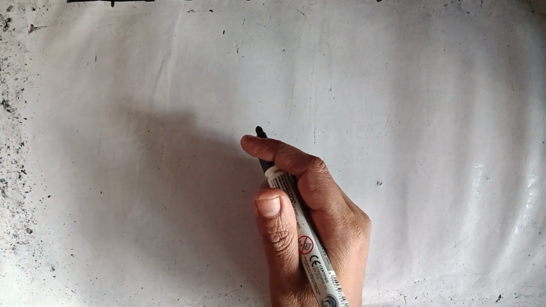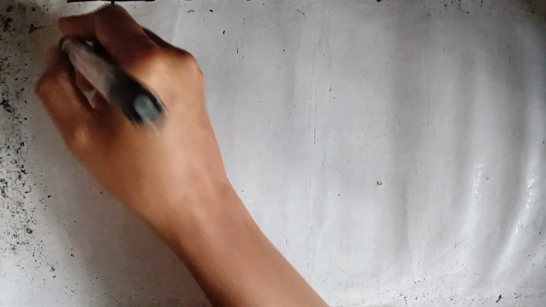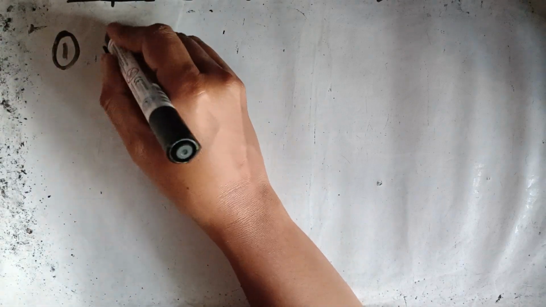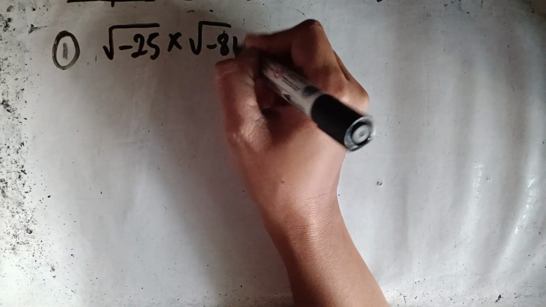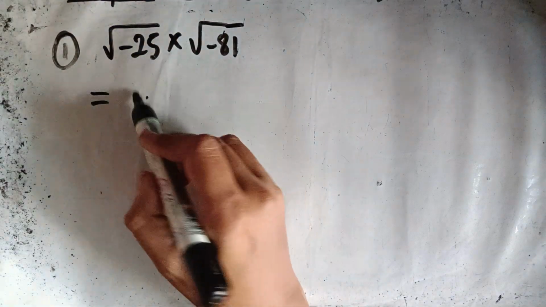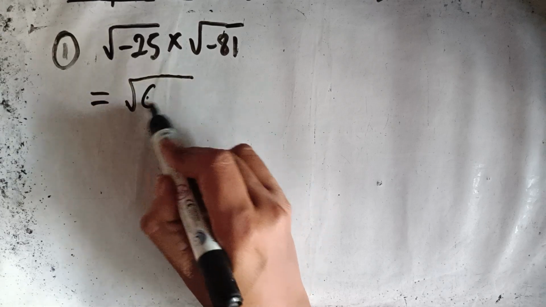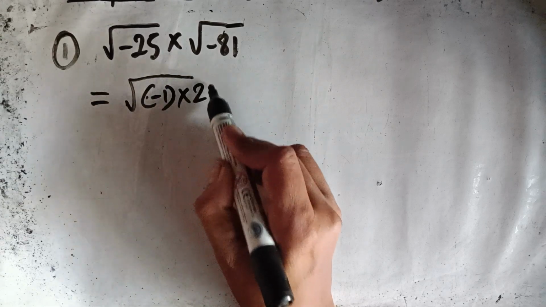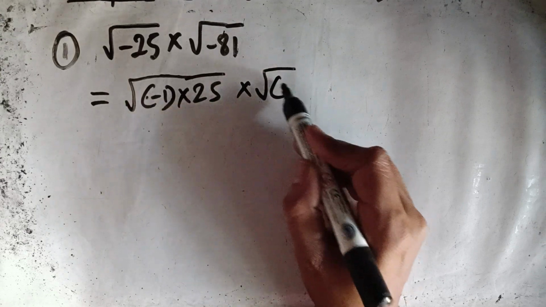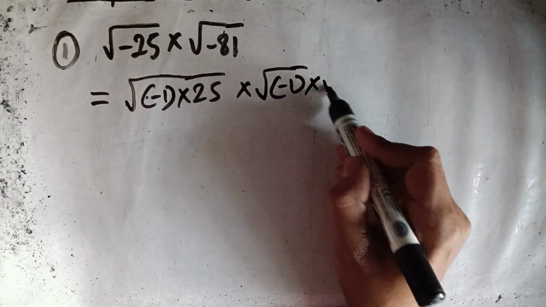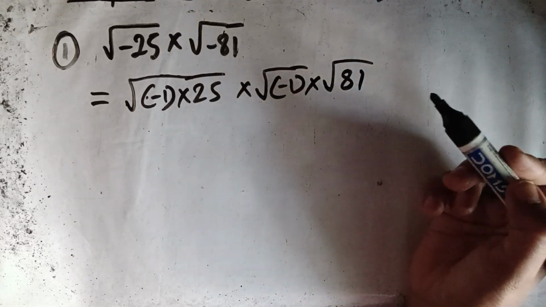So if you have, say, root of minus 25 into root of minus 81, how to compute this? Root of minus 25, you can write minus 1 into 25, and this is root of minus 1 into root of 81.